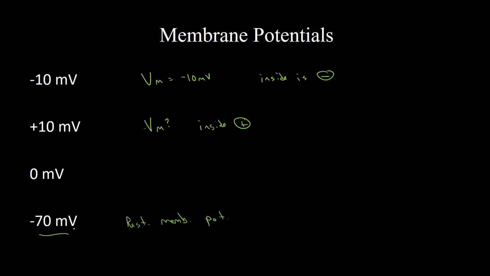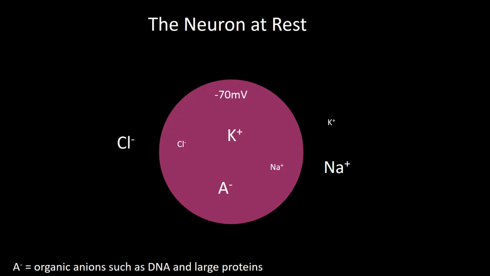All right, so here I have a simple diagram. When I say the neuron's at rest, nothing is going on. There's no stimulation, no changes, nothing. It's just sitting there. Now, this is not very realistic.